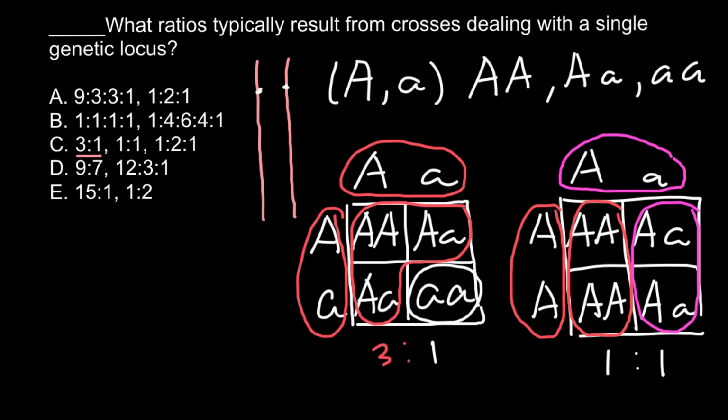This was the second example, and the third example, the 1 to 2 to 1 ratio, can of course be a genotypic ratio: 1 homozygous dominant to 2 heterozygous to 1 homozygous recessive genotype, but this can also result in a phenotypic ratio.